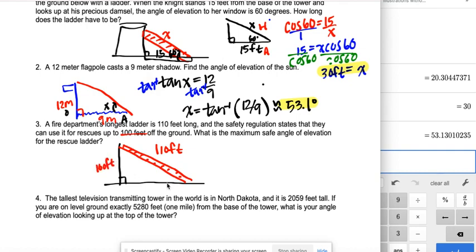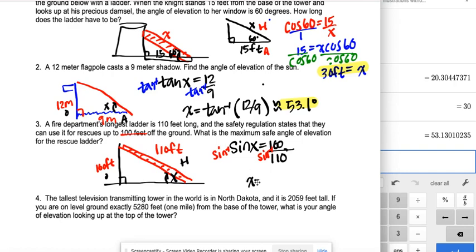The angle of elevation, that's this angle here, so I'm going to call that x. This is our opposite and our hypotenuse. So that means we're going to be using the sine of x equals our opposite leg over our hypotenuse. To unattach sine from x, apply the inverse to both sides.